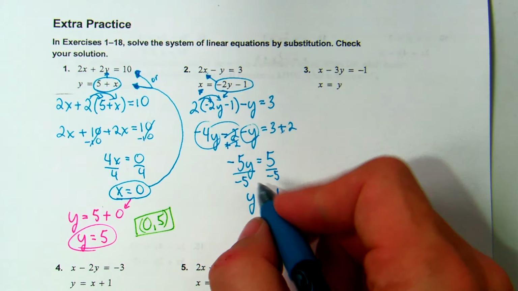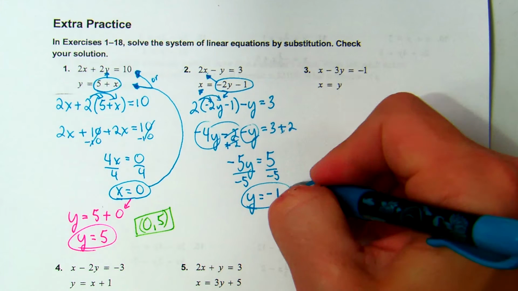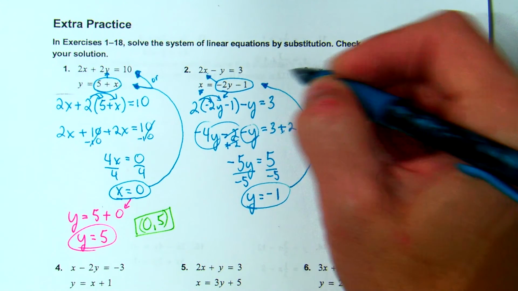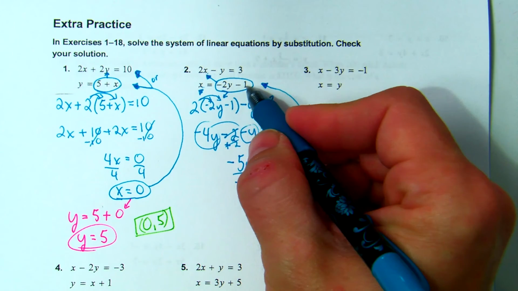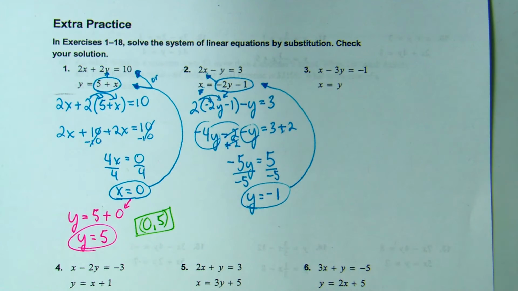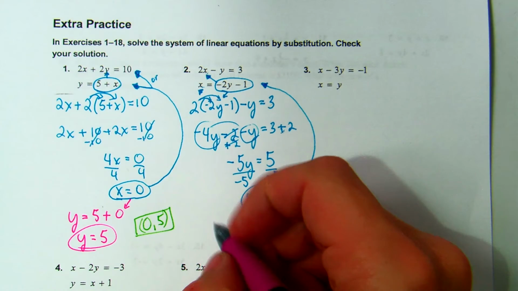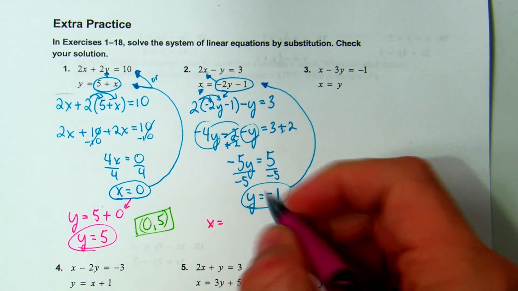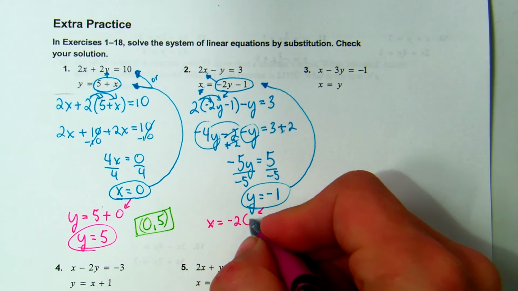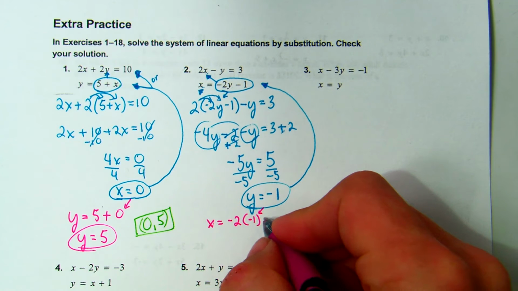And that's pretty easy, because then I can take that negative 1, plug it into either equation. I'm going to plug it into the bottom one again because x is already isolated, and I just have to find out what the y value is, and then it's going to tell me what x equals. So I'm going to plug that in. I'm going to have x equal to negative 2 times y, which is a negative 1, minus 1.